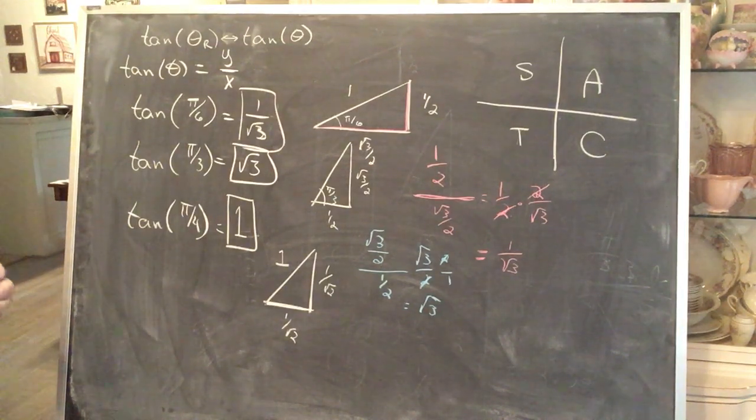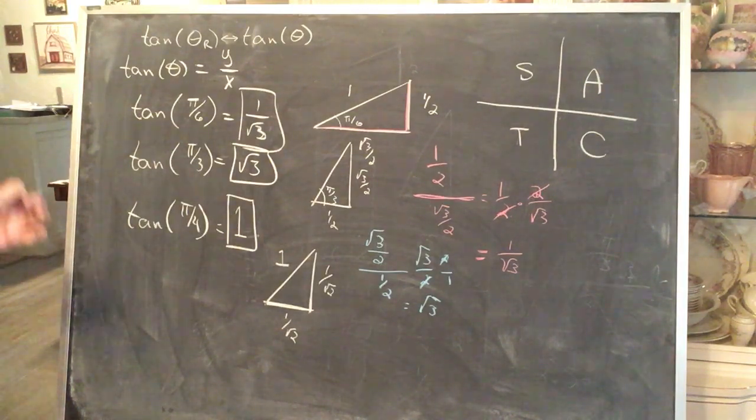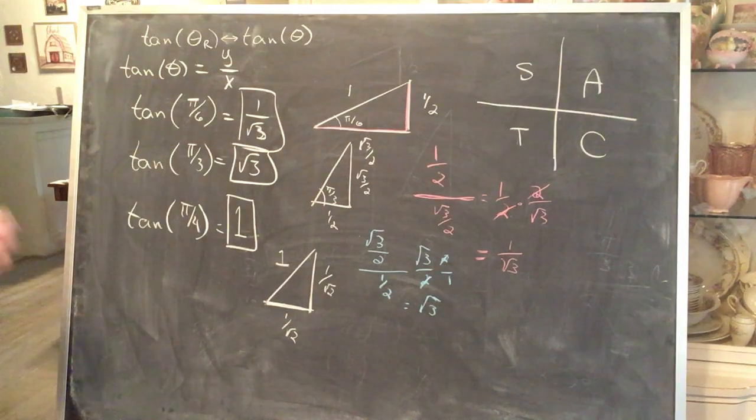So sine is the y coordinate, it's the vertical value. Cosine is the x coordinate, it's the horizontal value. Tangent is y divided by x, that's the vertical divided by the horizontal, but you may ignore denominators. Once you get used to this, you'll do it almost automatically.